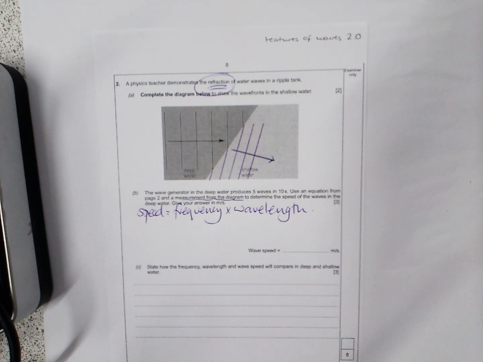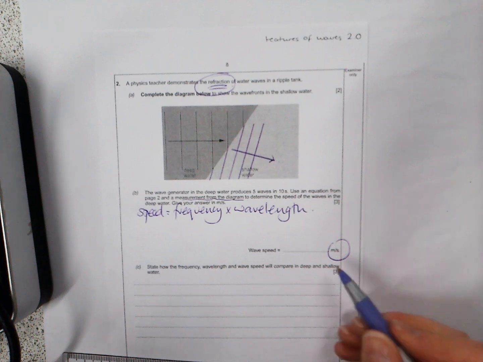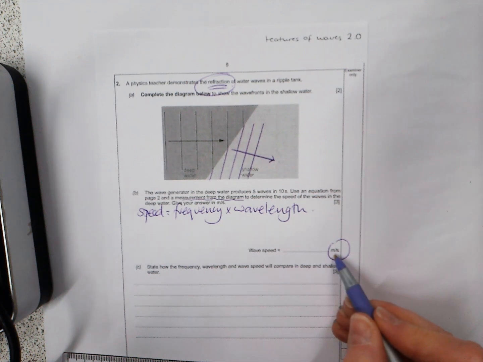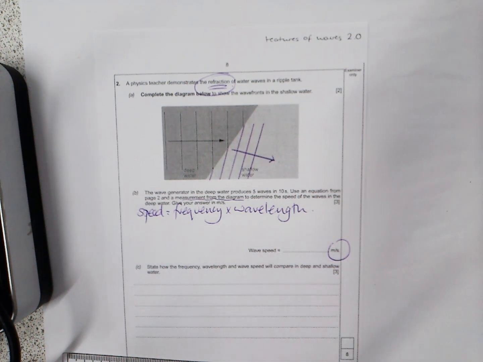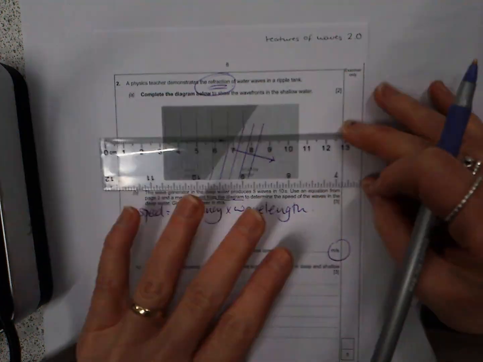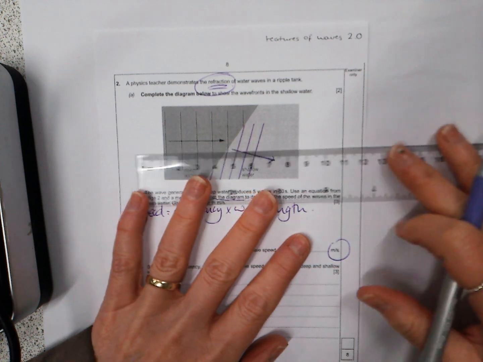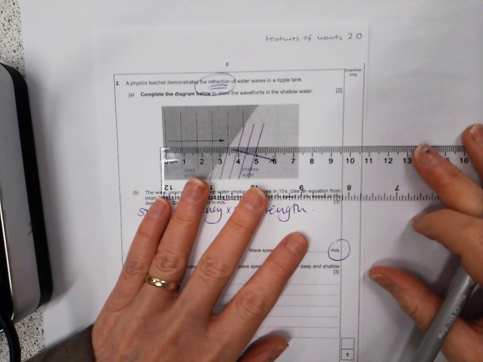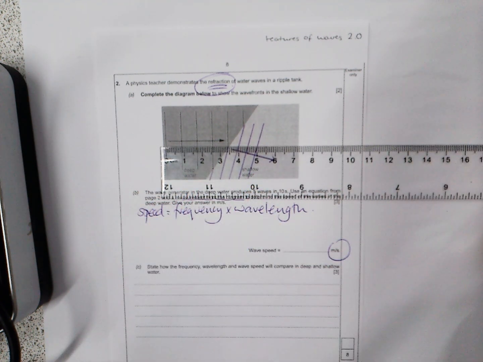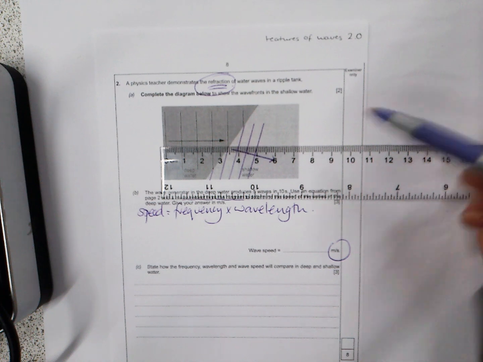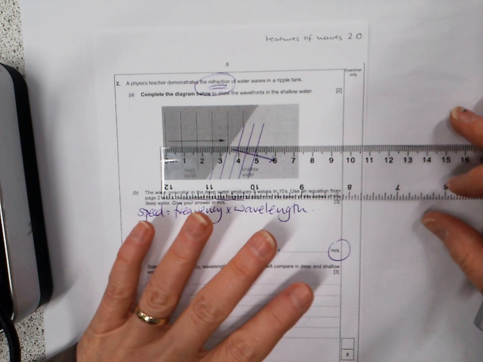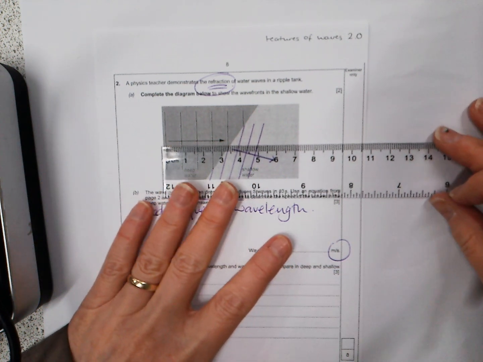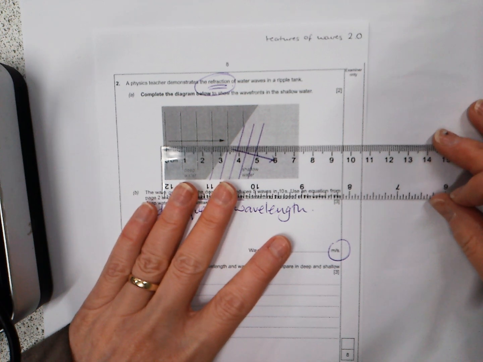And before we do this, I just want to point out the fact that they want the answer in metres per second. So we're going to need to make sure that the wavelength we use is in metres. Slight problem. Now, this sheet that you've got has been reduced, so it's not the same size as it would be on A4. I think if you look in the mark scheme, they measure this to be 1.4 centimetres.